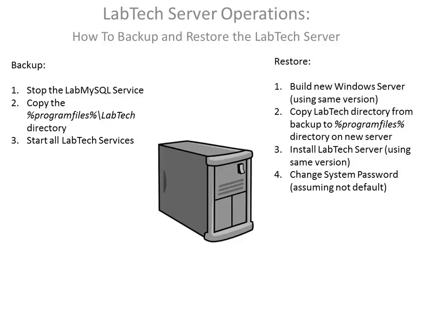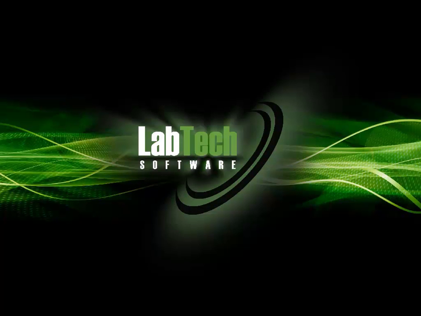But this is also a good way for us to build a test system that looks exactly like our production system. So if you're doing that, go for this fourth step: change the system password. The reason for that is this. We don't want our production agents reporting into our development LabTech server. Of course, we're going to isolate the network as best we can, so production agents do not report in.